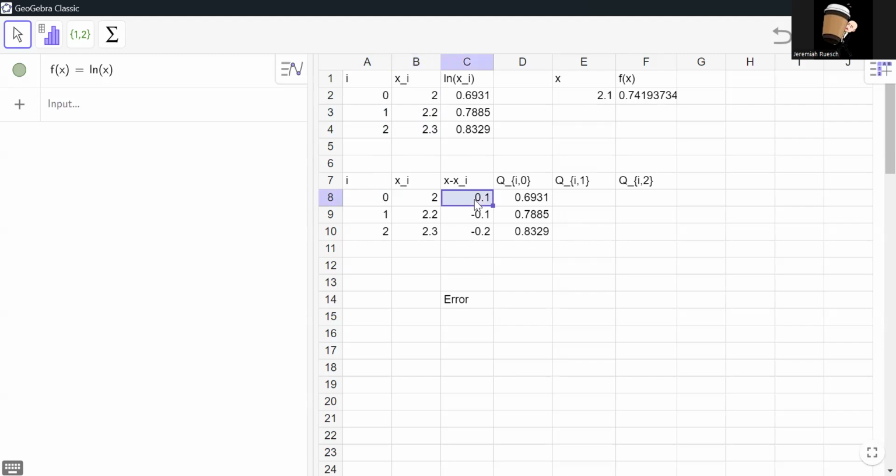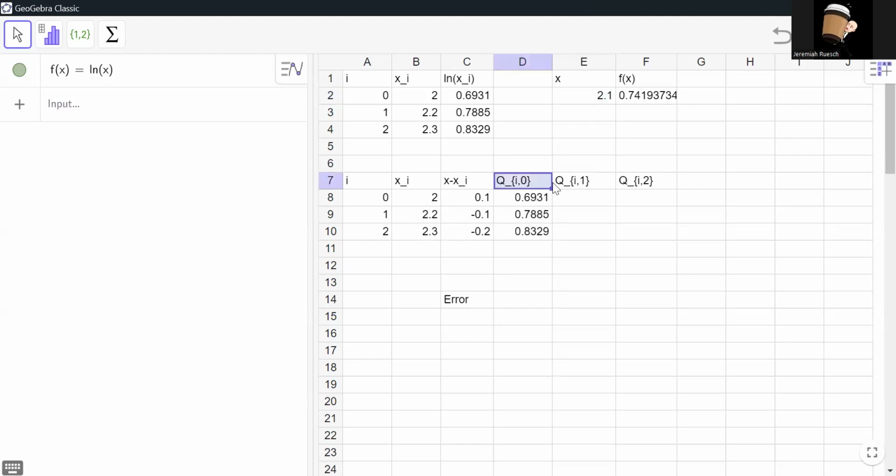These values are the difference between x and xi. This is where I'm evaluating it. So I'm going to take this value, E1 or E2, and subtract it from this value. So this is the difference between 2.1 and 2, 2.1 and 2.2, and 2.1 and 2.3.